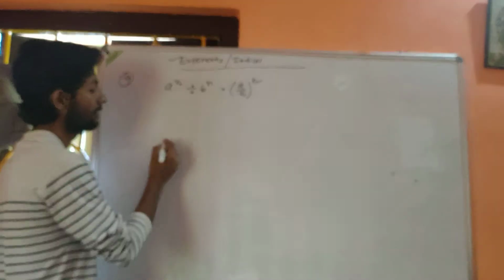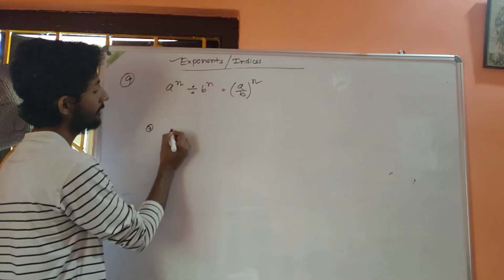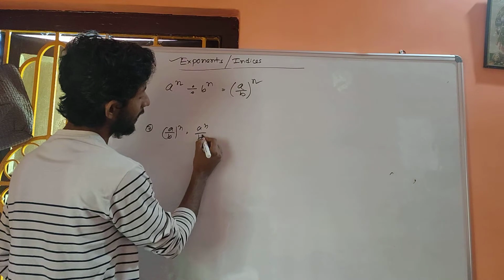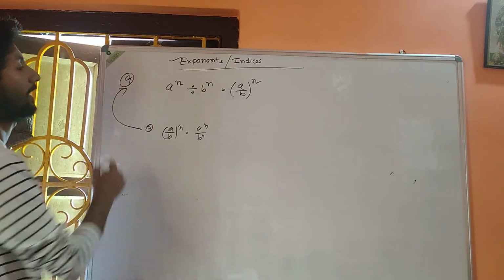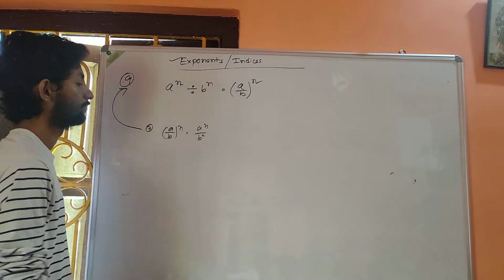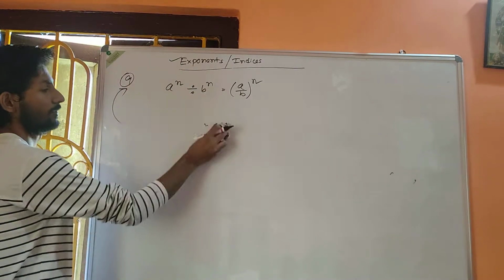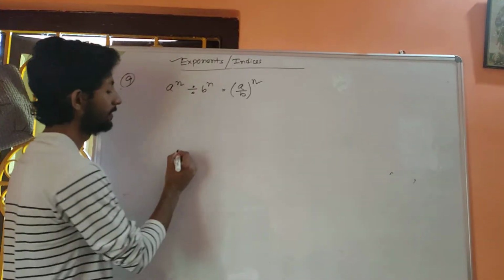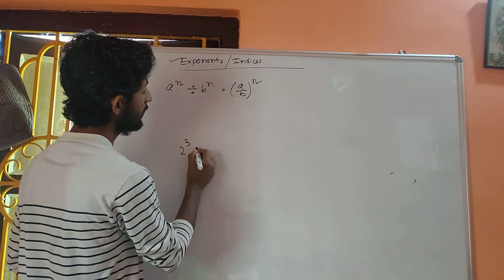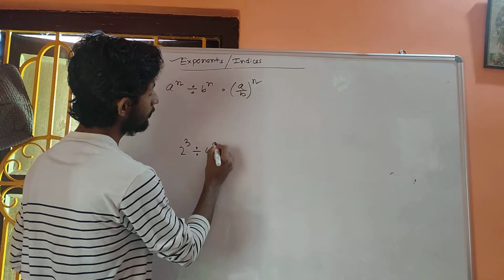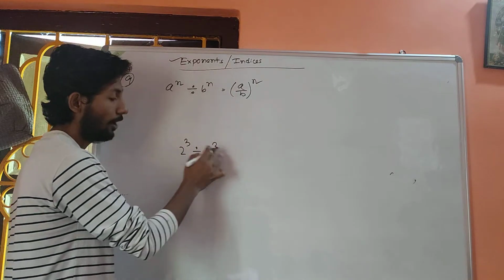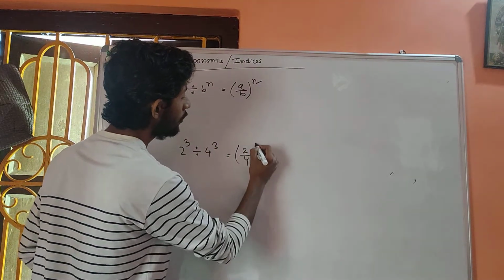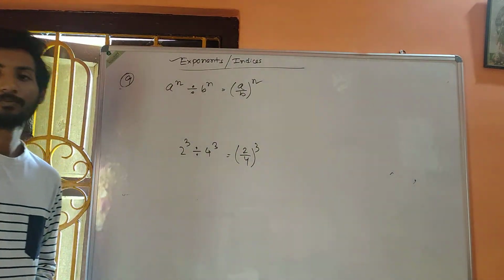I wrote in number 7, a by b to the power n equals a to the power n by b to the power n. It is the same as number 9. Okay, which means 2 to the power 3 divided by 4 to the power 3. If powers are same, then it will be 2 by 4 to the power 3. Clear?